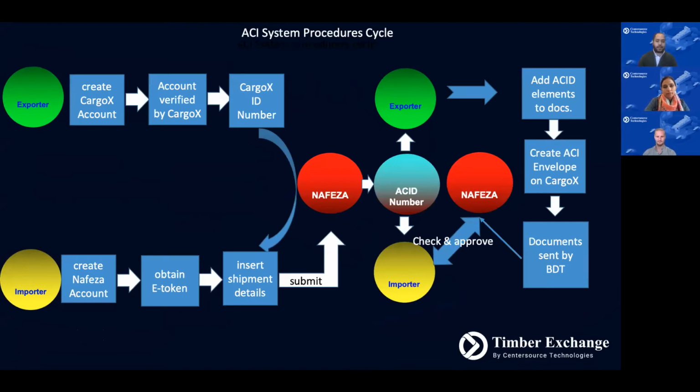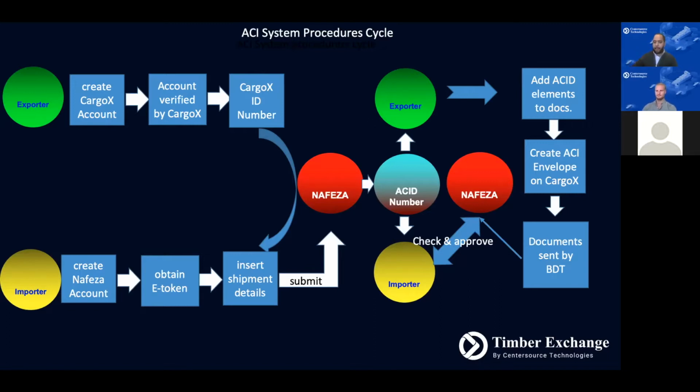Mai, can you please tell us a little bit about what the ACID process includes? Yes, of course. I will go through the procedures and give you a nice overview about the process, and we will start from our exporter. The exporter is required to create a CargoX account. Maybe some of you are already aware or already made one, but still we will go through it quickly.